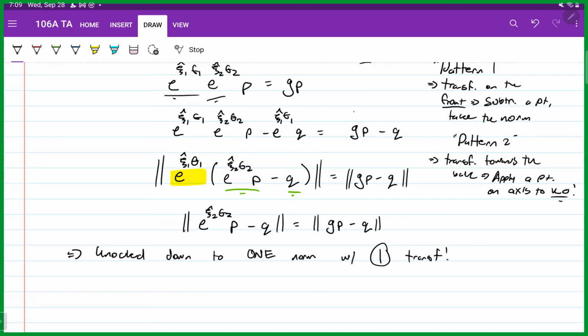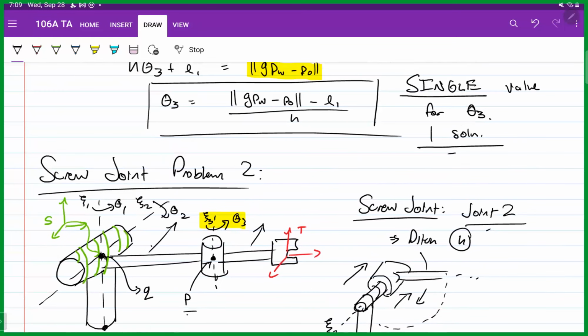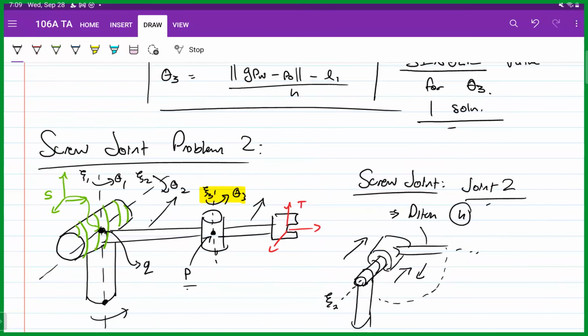Okay. So to figure out the actual value for theta 2, we're going to try and geometrically interpret what this transformation is doing. So e to the xi2 hat theta 2 times a point p. What will this do to p? Well, first of all, it's going to be rotating this point p in space.